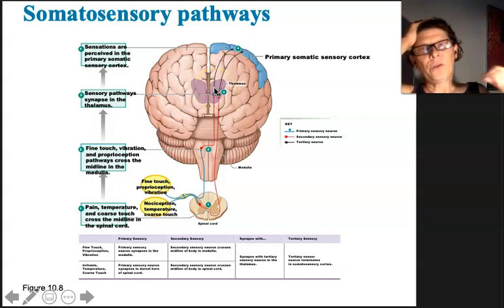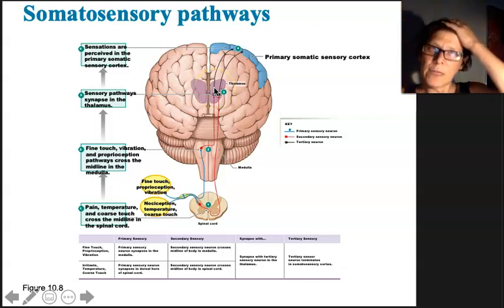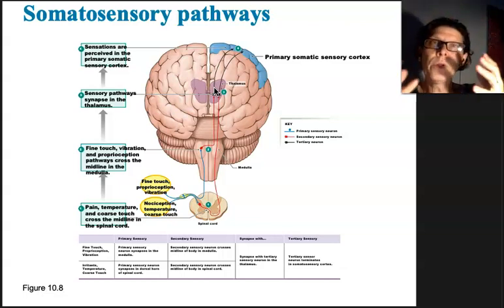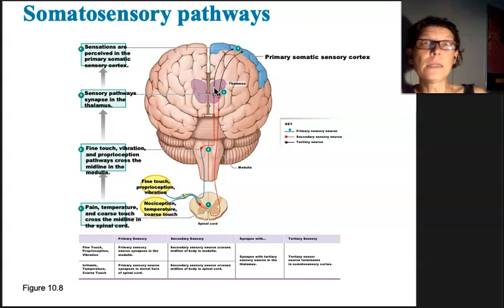So as you know, the left hemisphere controls the right side of the body, the right hemisphere controls the left side of the body. So at one point or another, there has to be a crossing over. Otherwise, this doesn't make any sense.